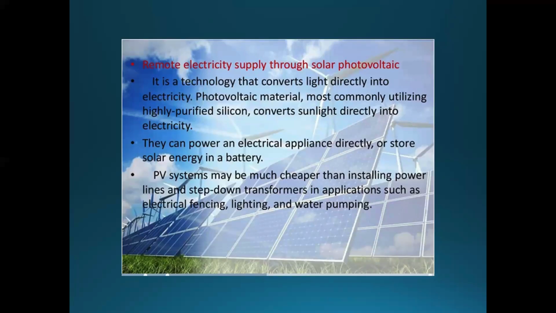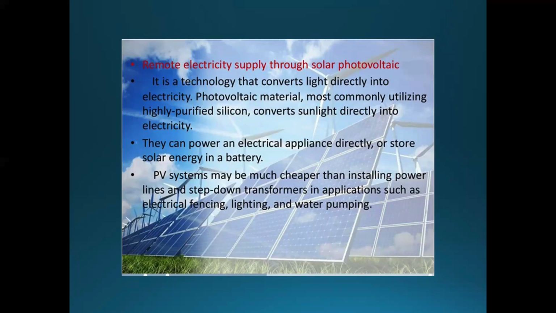You can note down, photovoltaic is a technology that converts light directly into electricity. And what material is it made of? Solar PV panels are made out of highly purified silicon, a very important point. They convert sunlight into electricity.